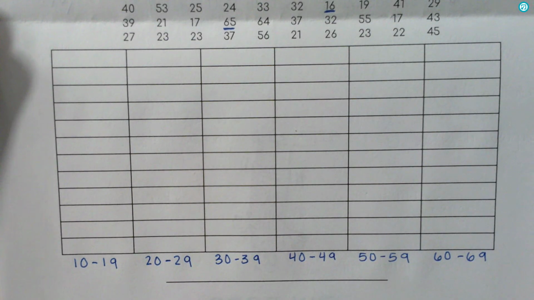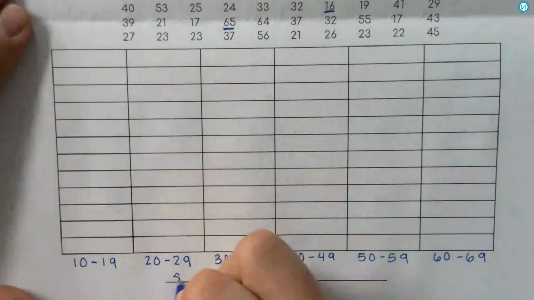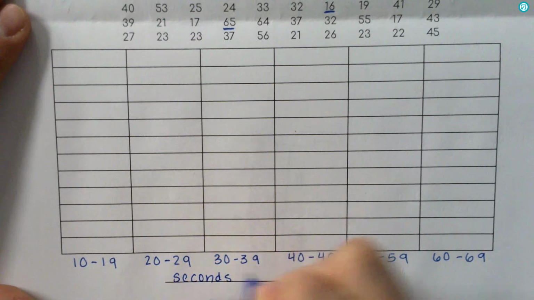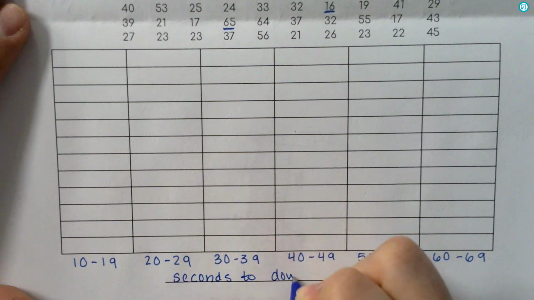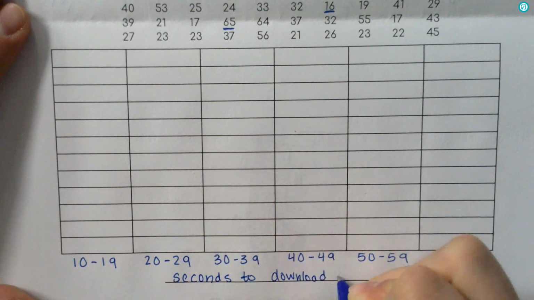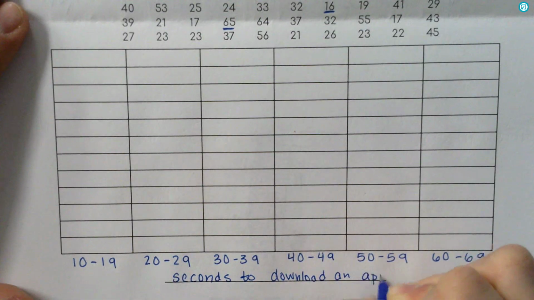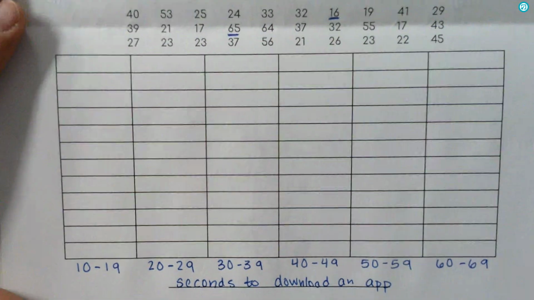Okay, and then what do those numbers represent? Seconds to download an app. Okay, cool. Any questions at the moment?